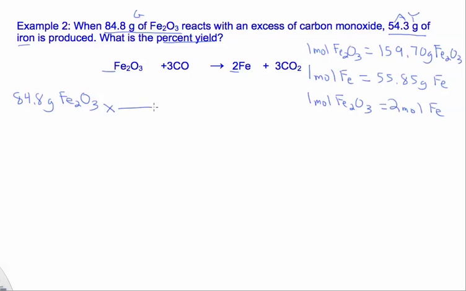In order to cancel out grams of Fe2O3, we have to put its molar mass on the bottom. So 159.70 grams is equal to 1 mole. So grams of Fe2O3 cancel out, and we get 0.530996.